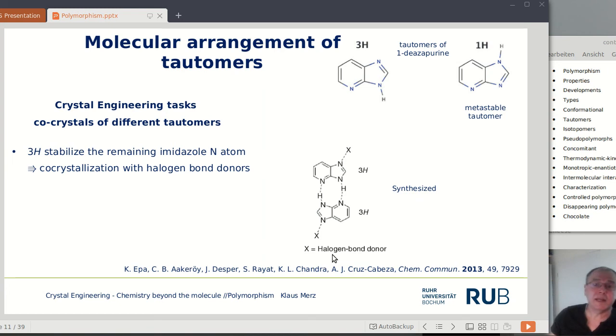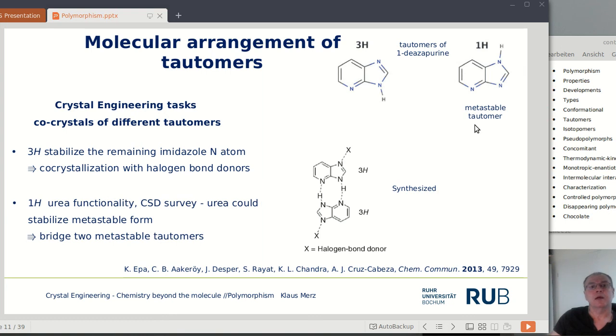On the other side, we look in the Cambridge crystal structure database, and they saw that urea very often stabilizes such systems, so 1H systems. And you can use this urea for stabilization, and it forms a link, the linker.